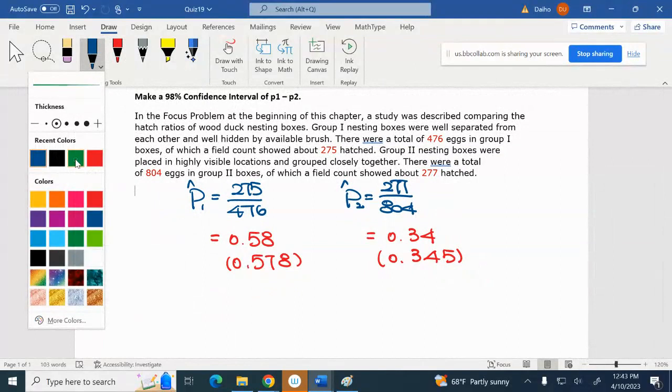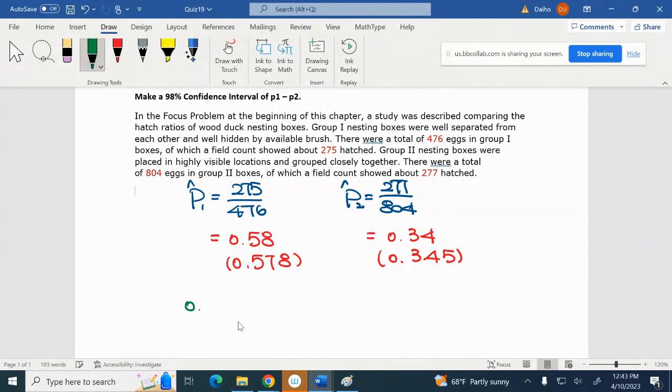Then now, let me take 0.58 minus 0.34 plus and minus. Anybody who took the z-score at 98% from the t-table? 2.326.